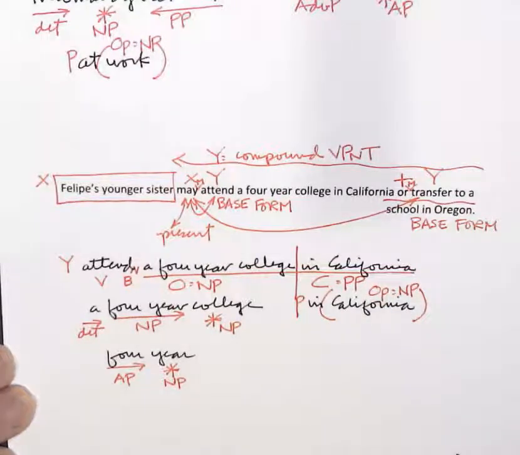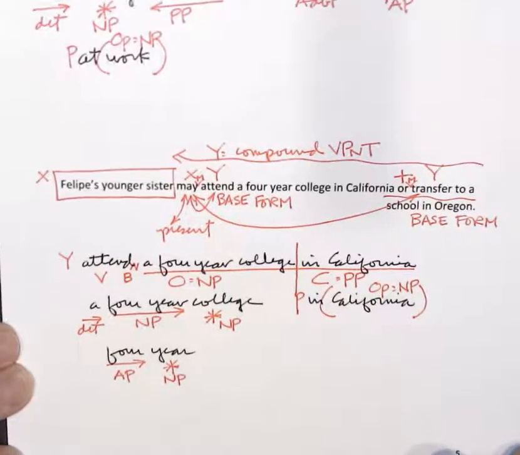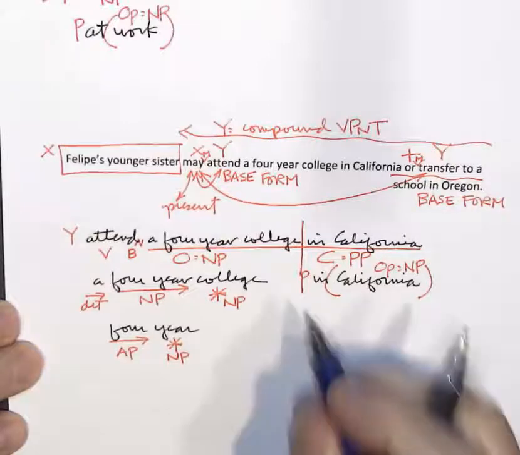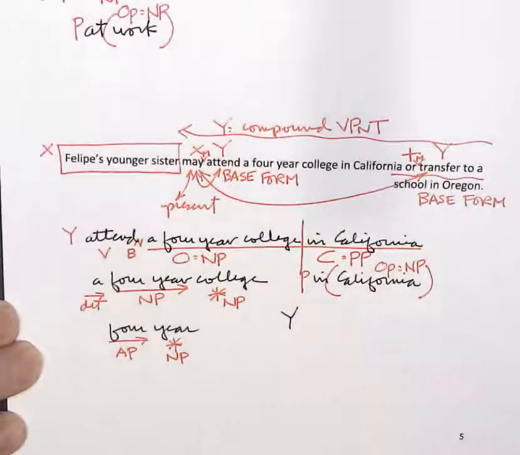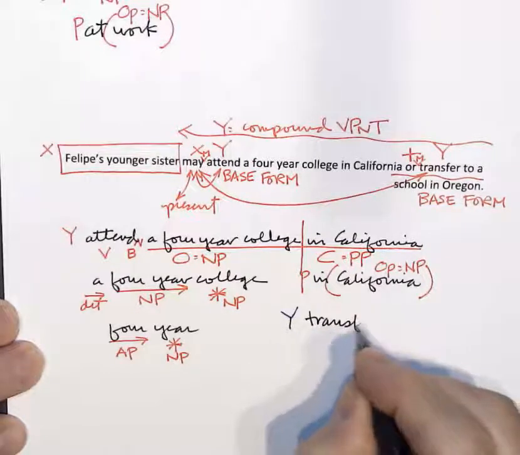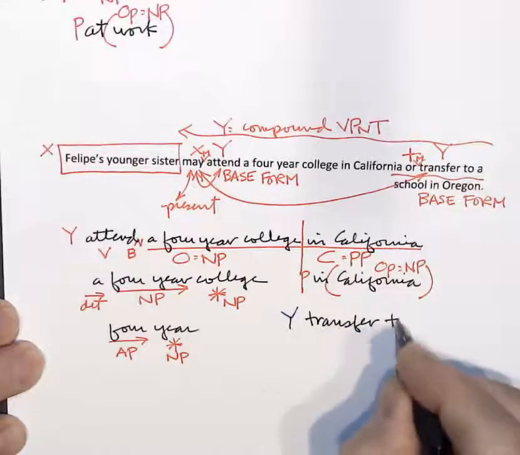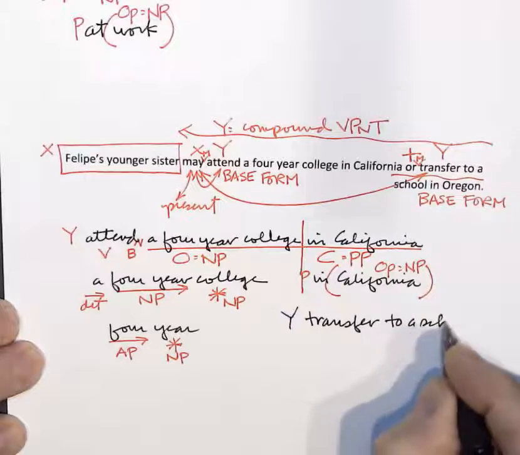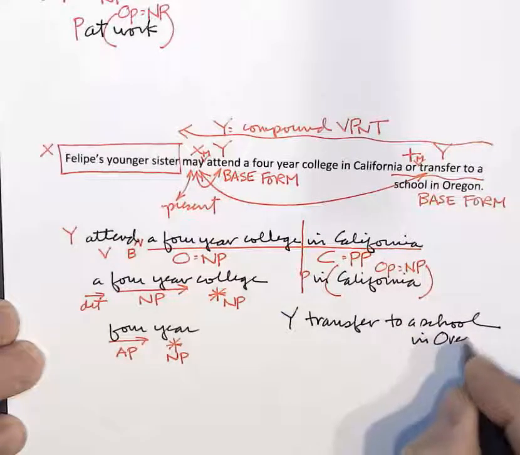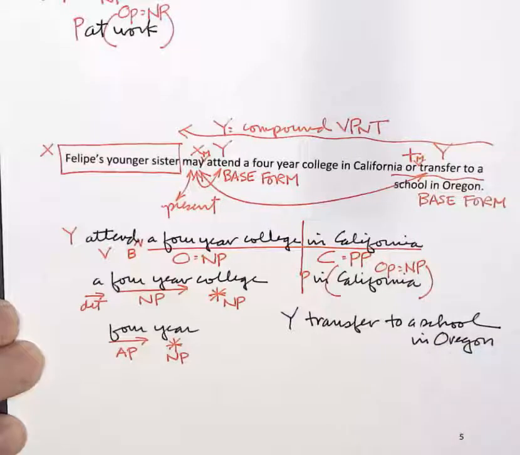Let's take a look at our second Y. And maybe we'll do that one with a different color. Let's do that one in blue. Transfer to a school in Oregon.